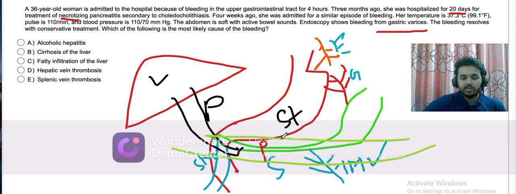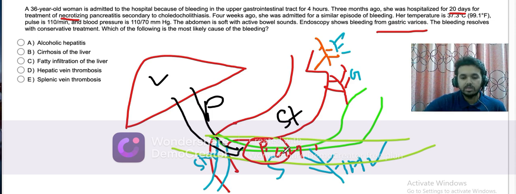If the patient has necrotizing pancreatitis, that means the pathology is here, in the pancreas. If the pancreas is necrotizing, this will definitely affect the splenic vein. It will destruct or erode the splenic vein.